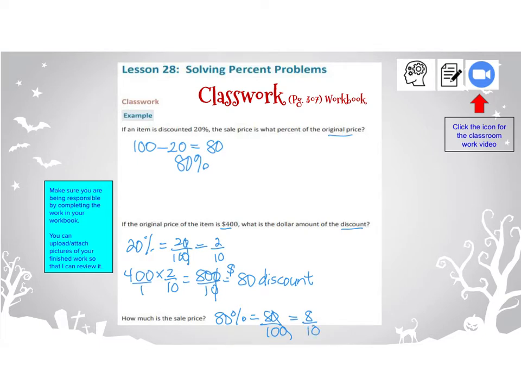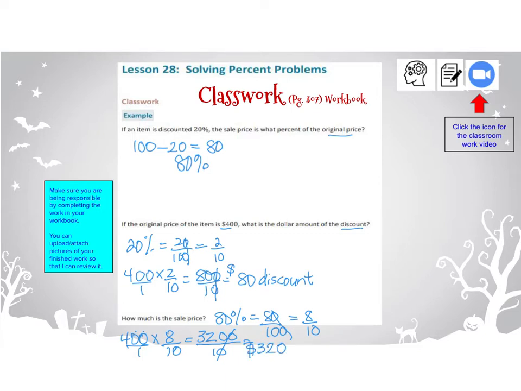Then I'm going to take that original 400 and multiply that by that 8/10, and then put that over 1. Now, 8 times 4 I know is 32. Then I'm going to throw those two zeros on. And then underneath that, it's 1 times 10. I'm going to put my 10 under there.